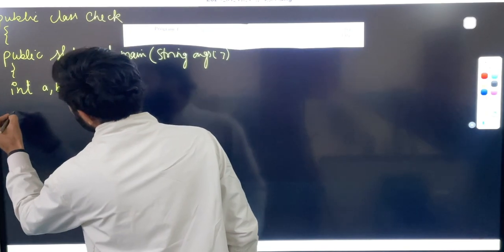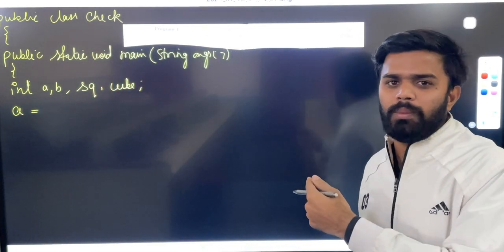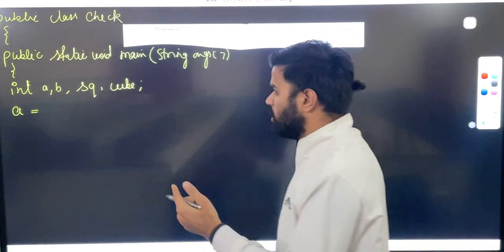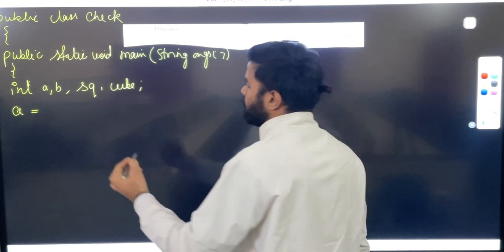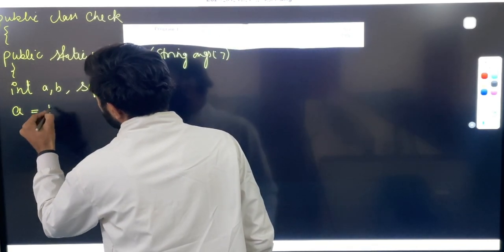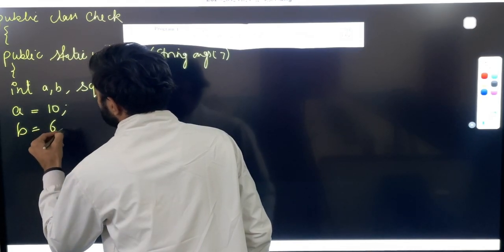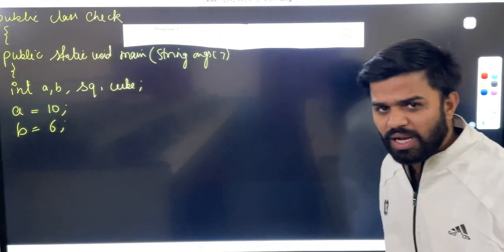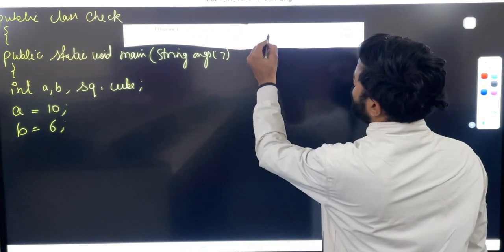After this we will write a is equal to any number, because this program depends on assignment statement. So whatever number is there, it will be given by us. So suppose a is equal to 10 and b is equal to. Is it clear, class?